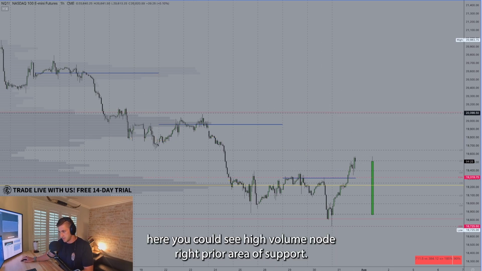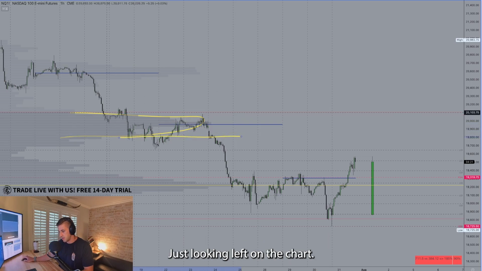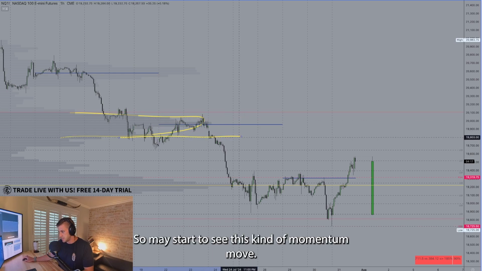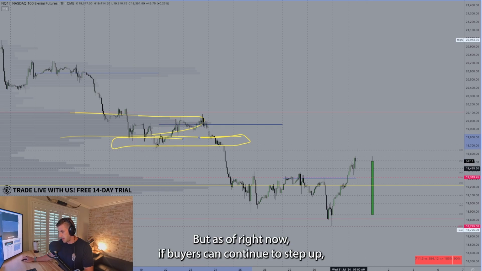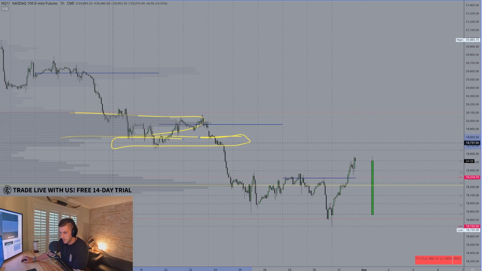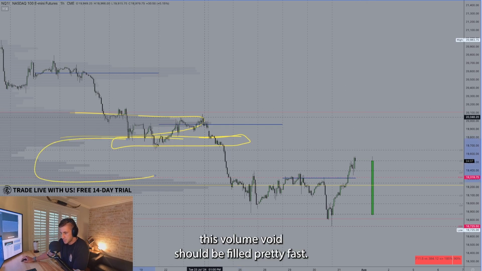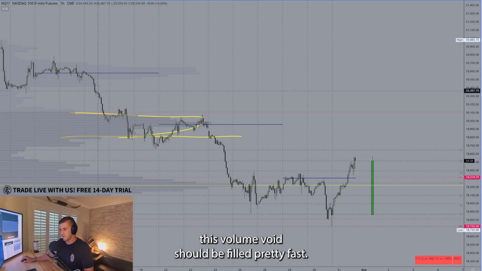Right through here, you could see a high volume node, right? Prior area of support, just looking left on the chart, pretty simple stuff. So we may start to see this momentum move slow down once price approaches this area. But as of right now, if buyers can continue to step up, this volume void should be filled pretty fast.